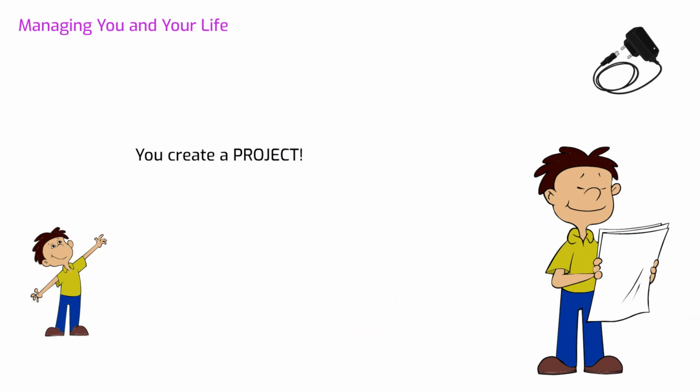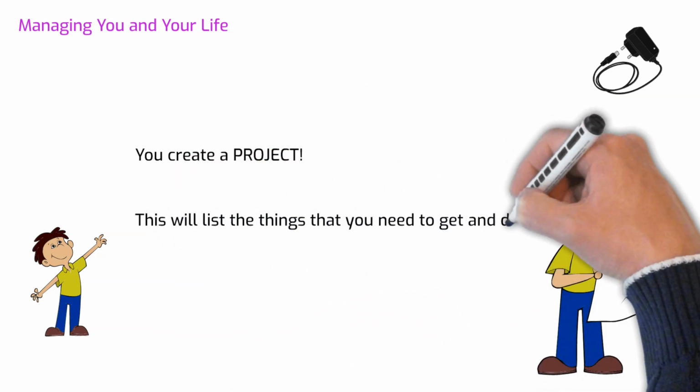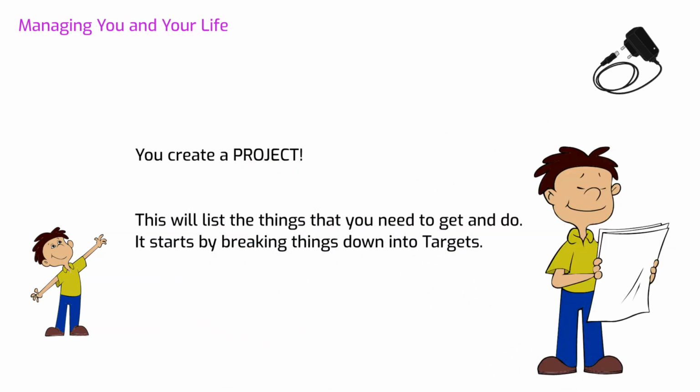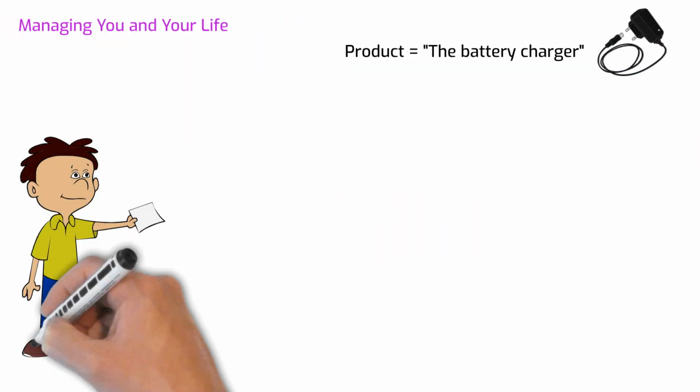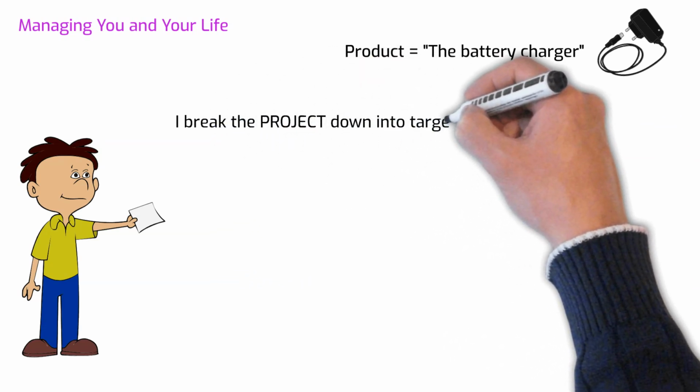You create a project. This will list the things that you need to get and do. It starts by breaking things down into targets. I break the project down into targets.